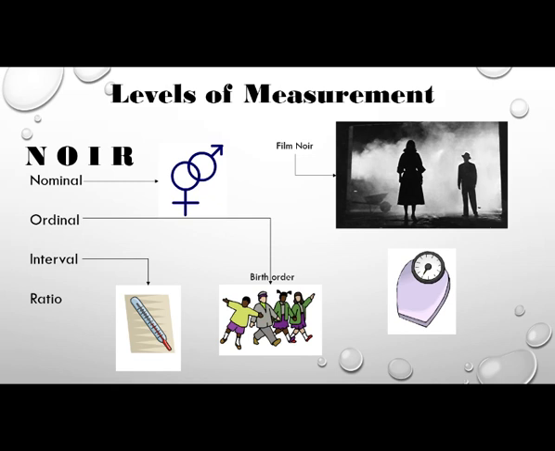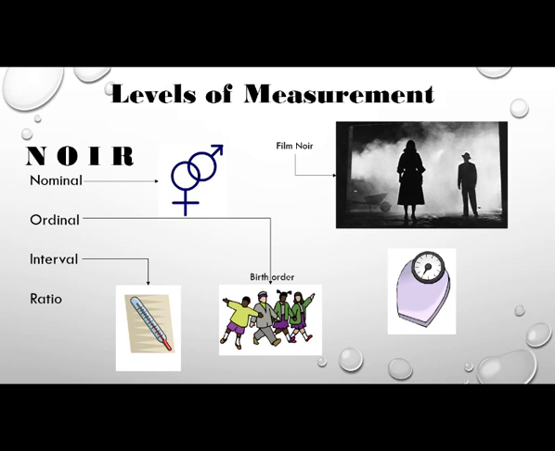So interval data, each line between each degree on the thermometer is equal distance, but 0 doesn't mean absence of, it's just a placeholder. Whereas ratio, I couldn't make the line go through those pictures, but ratio is that bathroom scale over on the right-hand side. And when you get off the scale, it goes to 0 because there is no weight on the scale. And then when you get on it, it tells you your weight.